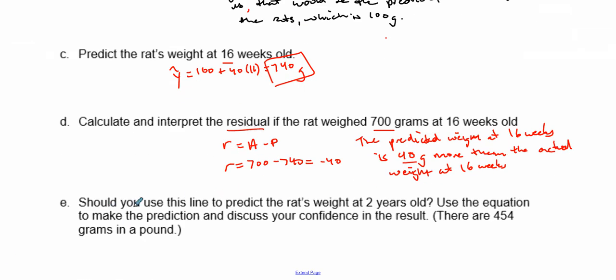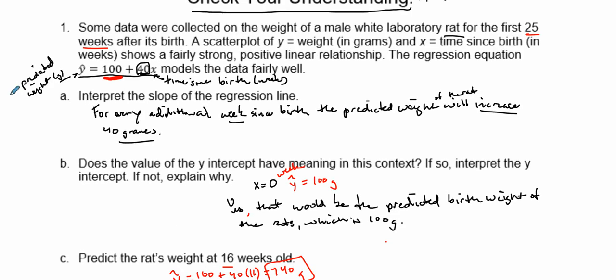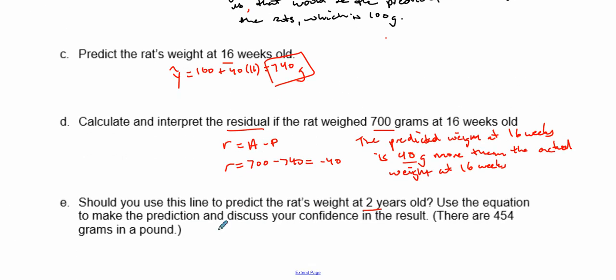Finally, should you use the line to predict the rat's weight at 2 years old? Use the equation to make a prediction and discuss your confidence in the result. There are 454 grams in a pound. Well, 2 years old, how many weeks is that? There are 52 weeks in a year, so multiplying by 2, we're putting 104 into this equation.